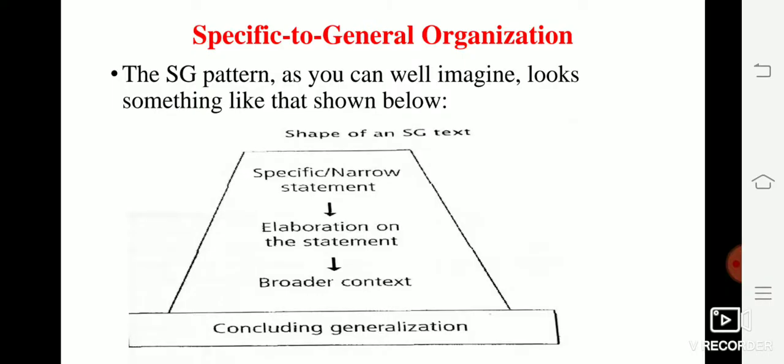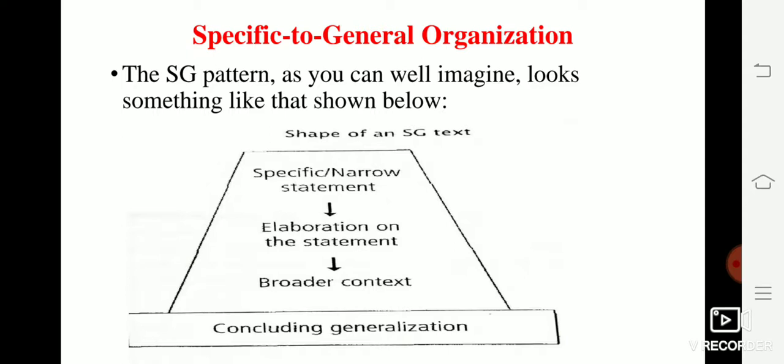Look here. The SG pattern, as you can see, looks something like the figure shown below. Specific or narrow statement, elaboration on the statement, broader context, and concluding generalization. This is the shape, the figure of the specific to general pattern.